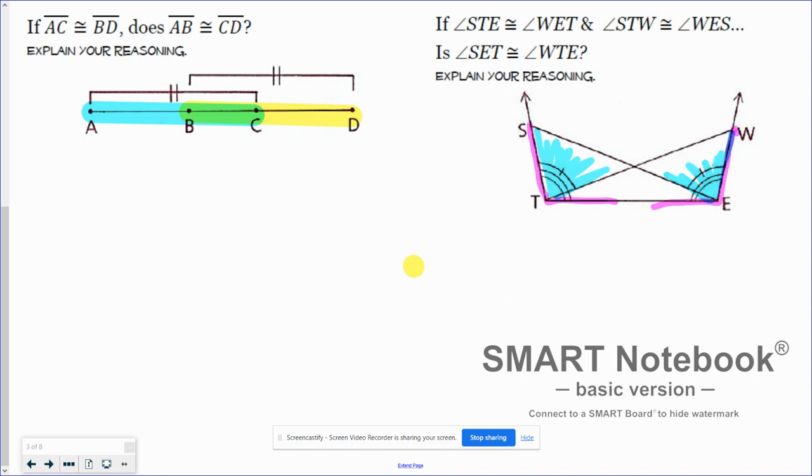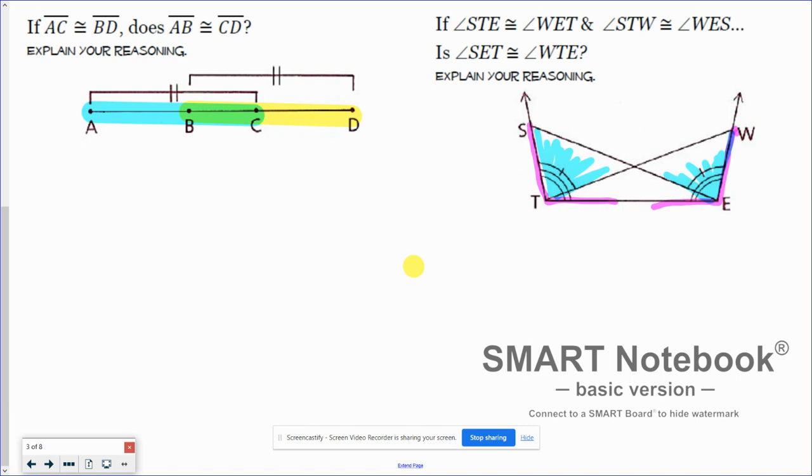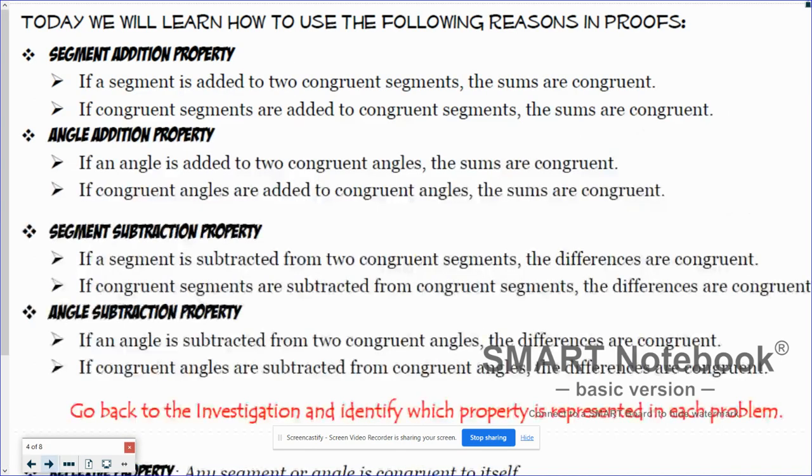So does that mean that angle SET is congruent to angle WTE? So would these two angles be congruent? Yeah, like all we did was subtract congruent angles minus congruent angles equal congruent angles. So these all illustrated these properties.